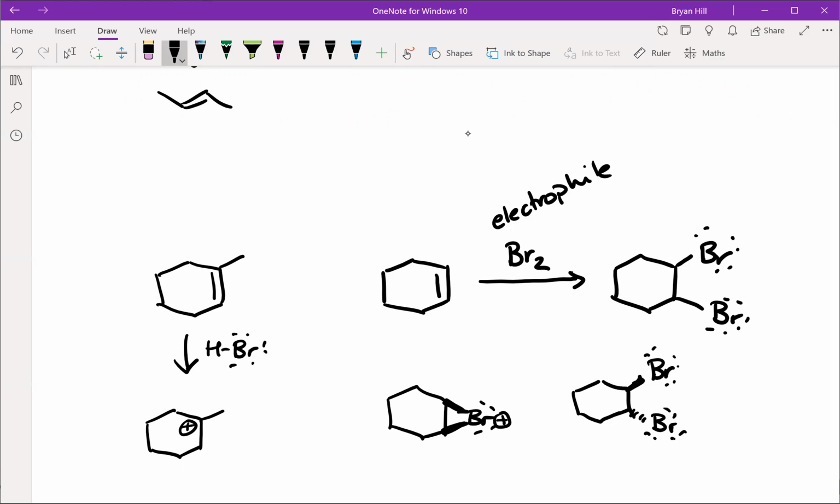So this 3-membered ring, bromine plus 2 carbons, the bromonium ion, and so the bromide, which had to attack, has to come in from the opposite side because one side is blocked by that big bromine group.